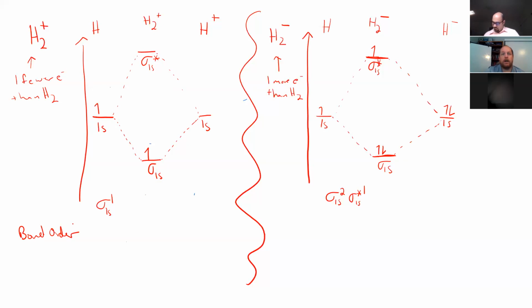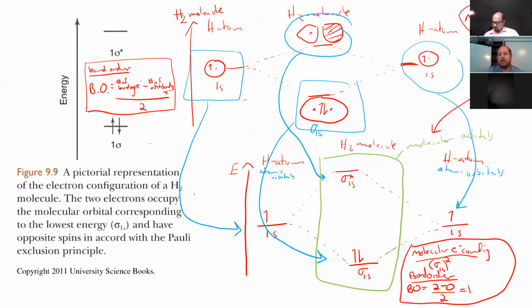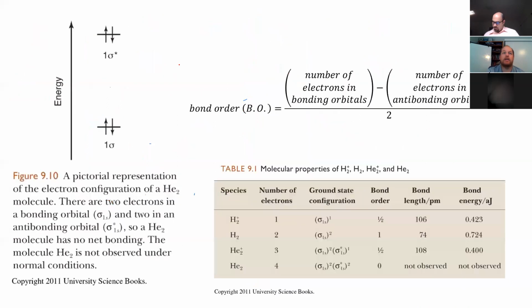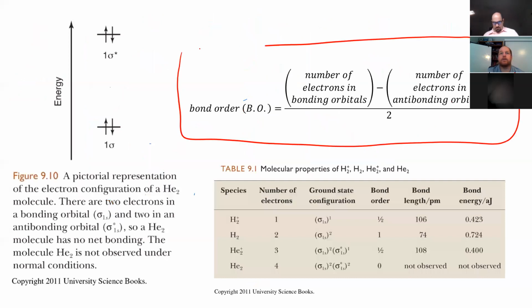Right, so on this previous page, we had the bond order. Actually, if we go to the next page, you can see we have a better picture of the bond order. All right, so here's our bond order picture now, or excuse me, equation. This equation is a little bit easier to read than the other one, but the idea for bond order, again, we're going to calculate the bond order as the number of electrons in bonding orbitals minus the number of electrons in anti-bonding orbitals, divided by 2.